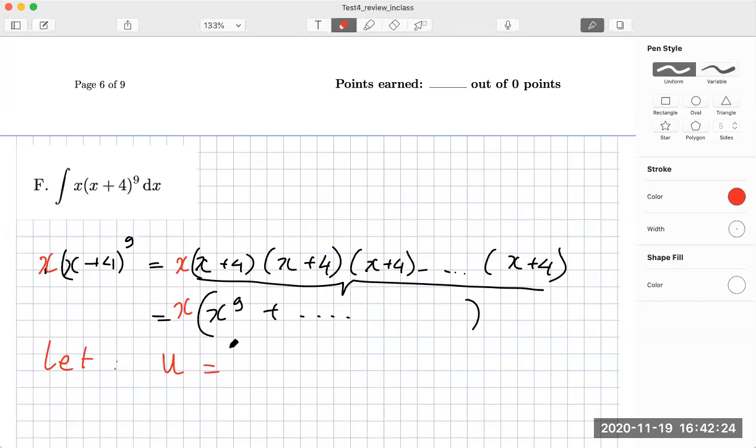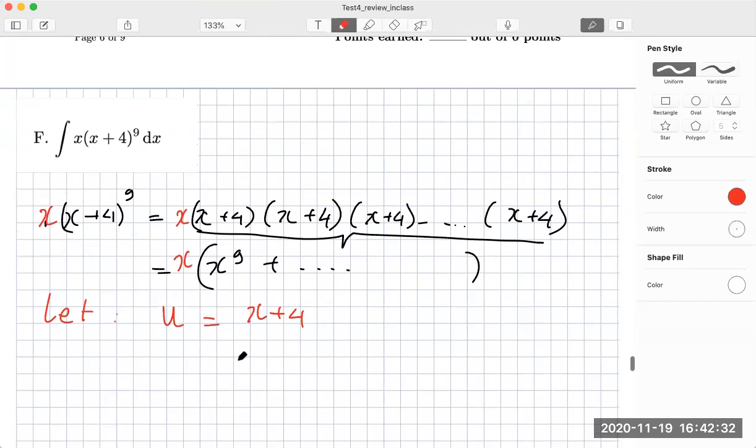Now, you see, if we replace the difficult terms here, if we replace u by x plus 4, then x plus 4 to the 9 will be simply a variable u to the 9, right? They're the same thing, okay? Somehow it becomes an easier one.